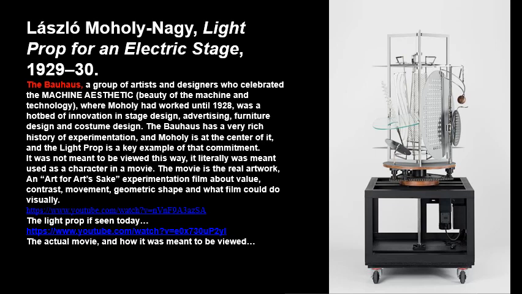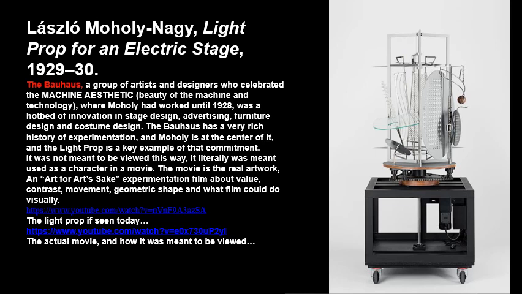The prop here is really meant to be seen only in the movie, the real artwork. The prop is simply a character in a movie. When Moholy-Nagy saw the prop just displayed in a museum as a standalone art piece, he destroyed it, and he was sued and had to recreate it.